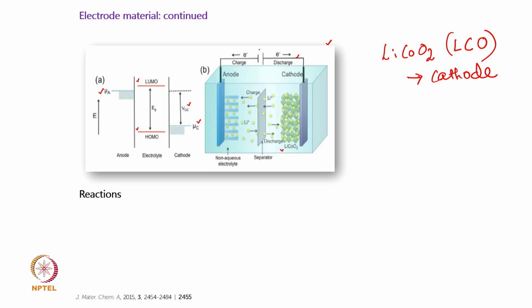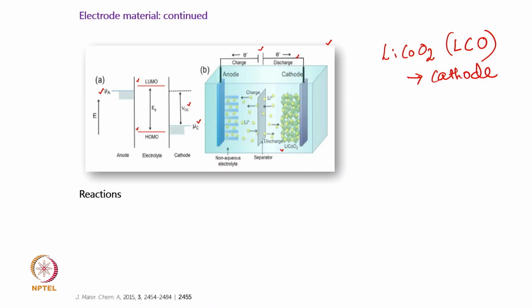Then we have to apply an outside power source. We plug it into a socket as we do for batteries. Here the lithium moves from cathode to anode, electron moves in this direction and charging takes place.